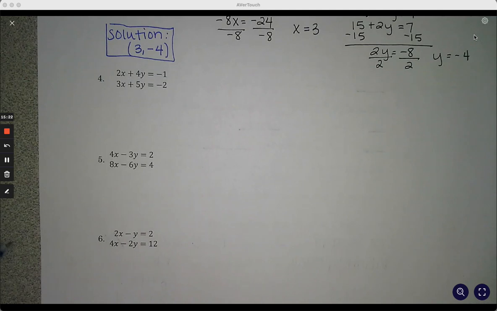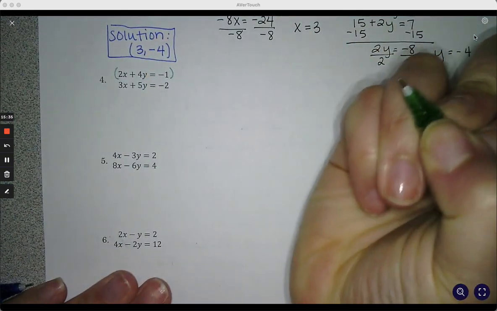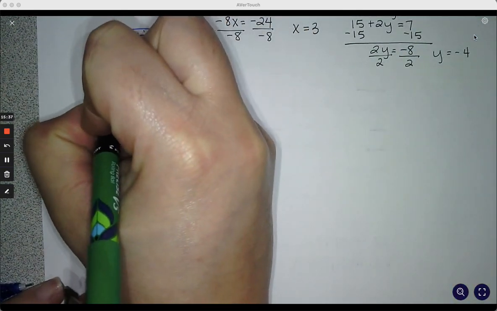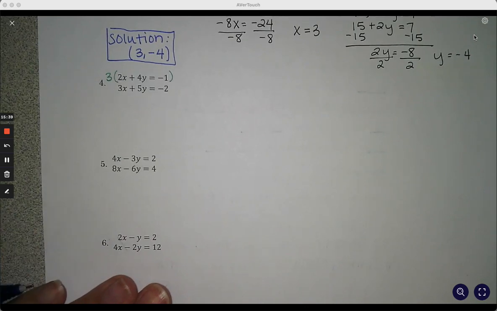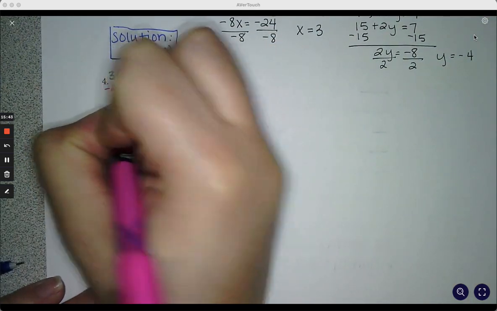So to cancel out the x's, one needs to be negative, the other one needs to be positive, and they both have to have the exact same coefficient. So the easiest way for me to do that, to have the same coefficient, is to multiply this one by 3, and to multiply this one by -2.